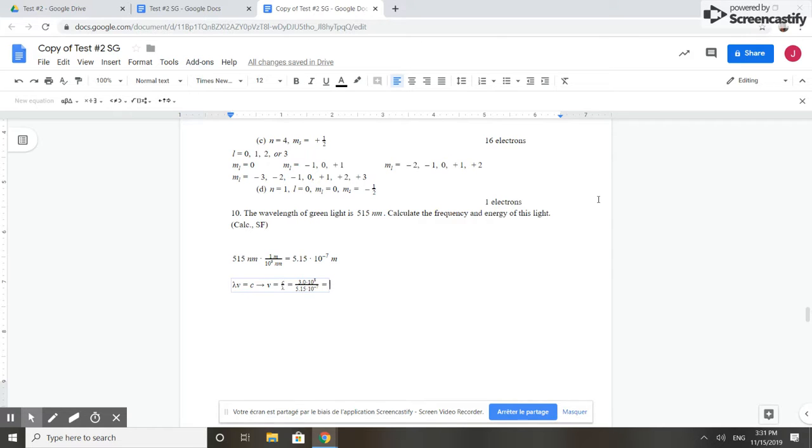I'm going to round this to 3 sig figs. And just a quick check, the fact that it's an order of magnitude of around 10 to the 14th hertz, that's pretty normal for what I would expect for frequency to be. So I'm pretty sure my answer is right.